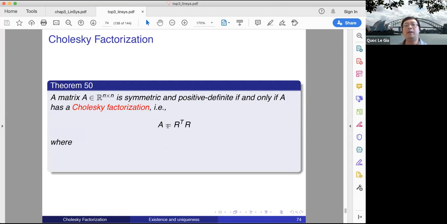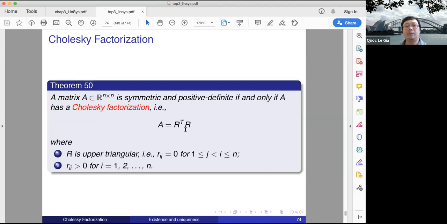But now you have only one matrix R, and A equals R transpose R. So R is an upper triangular matrix, and R transpose is a lower triangular matrix. So this is a special case of the LU factorization when the matrices L and U are related, and you will see that it is twice as fast for the Cholesky factorization compared with the LU factorization.